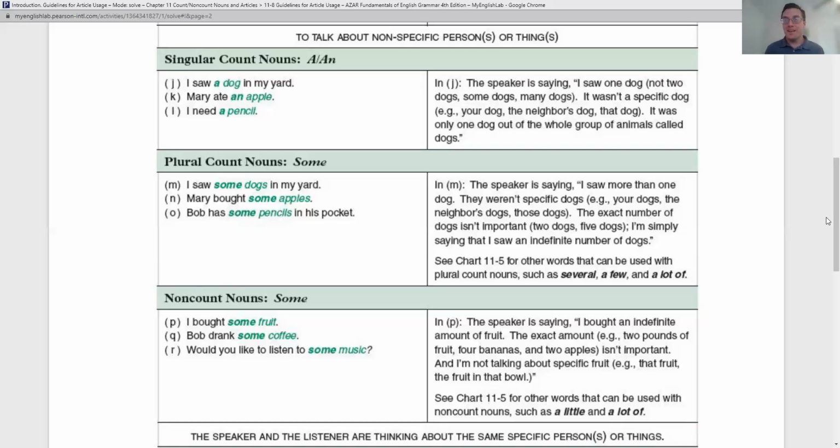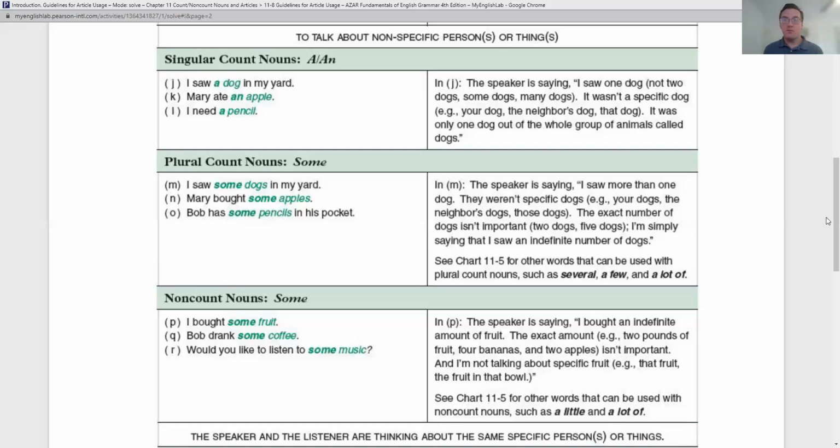For non-count nouns, we treat them the same as a plural noun. We put the determiner some, right? I bought some fruit. Bob drank some coffee. Would you like to listen to some music? These are, again, non-count nouns, so I cannot use the article a or an, and I cannot make them plural because they're uncountable. But I can use some, right?